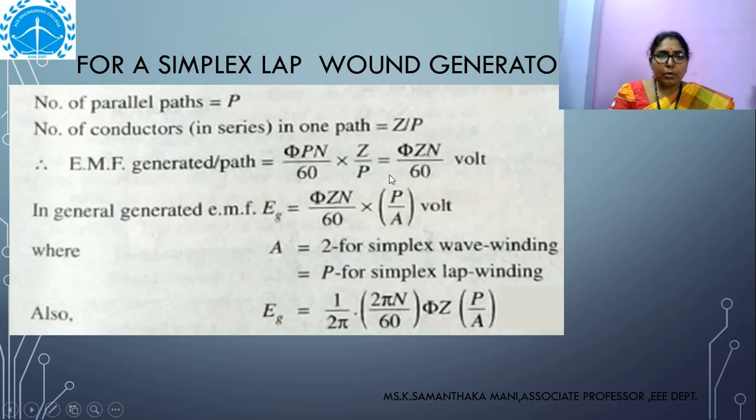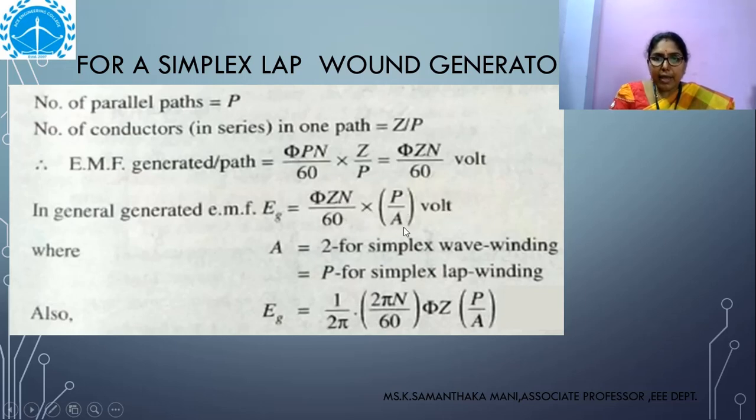volts. So in general, we discussed individually what the generated EMF equation for a DC generator is for a simplex wave winding and simplex lap winding separately. But we are going to frame this as a generalized equation like that. Eg is equal to φZN by 60 into P by A volts.